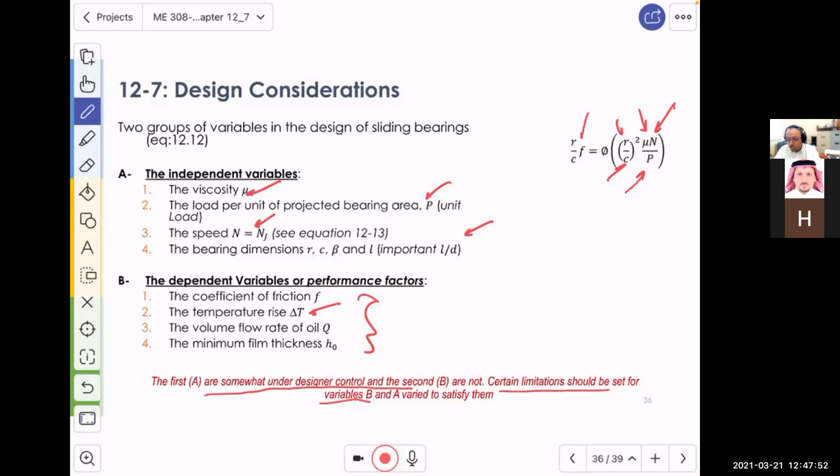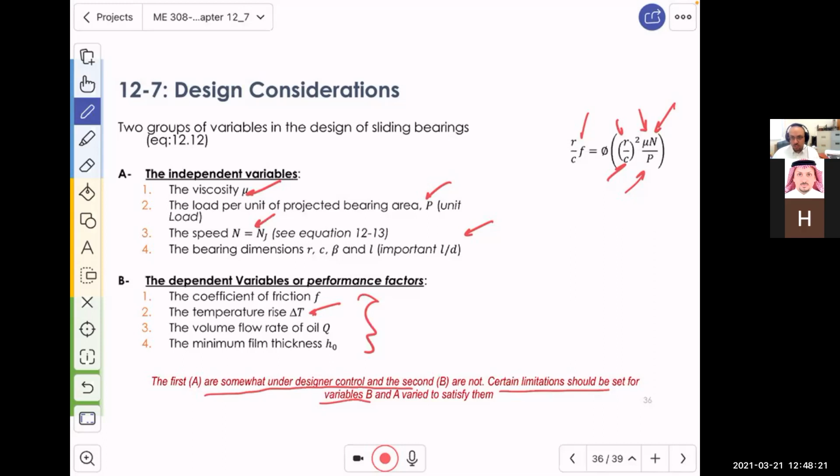So you go and you put limitations on H0, Q, delta T, F, based on experience, standards, and so on. And from there, you can reflect this on what you can control, which is the viscosity, because it's the choice of the fluid, the pressure, which is part of the operation, the RPM, and the dimensions, because you will design the shaft, you may change the size of the journal, and so on.